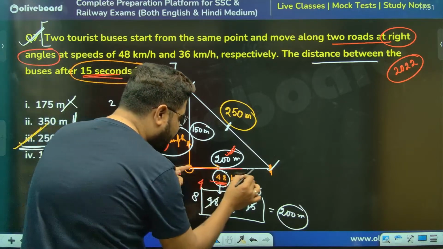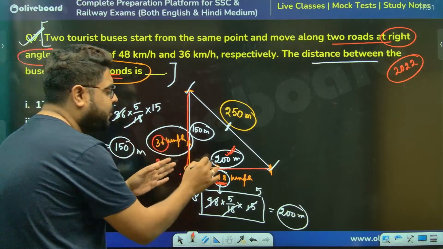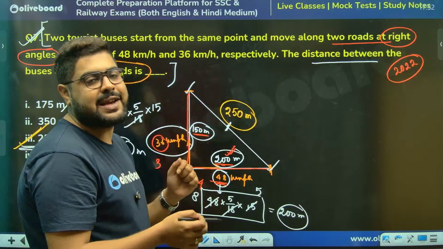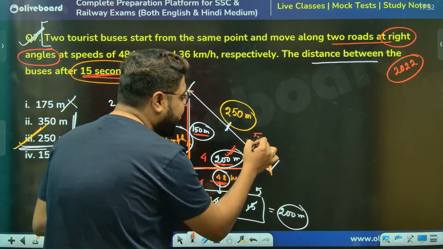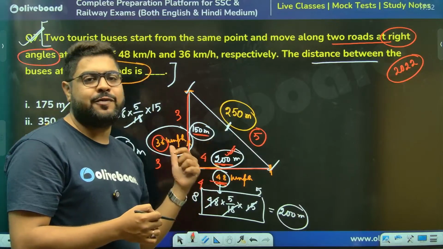So this is 4, this is 3. You can say without doing calculation, 4 is 200, so 3 is 150. Or rather, this is 3, this is 4, so this must be 5, a Pythagorean triplet. 4 is 200, 5 is 250. That is my answer.